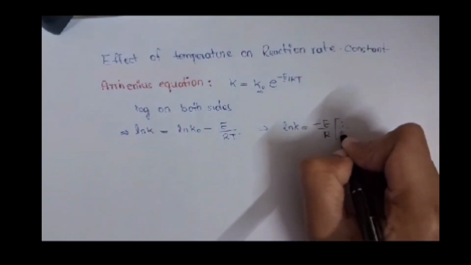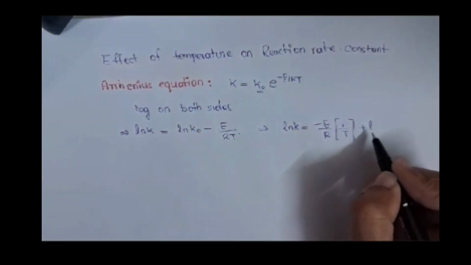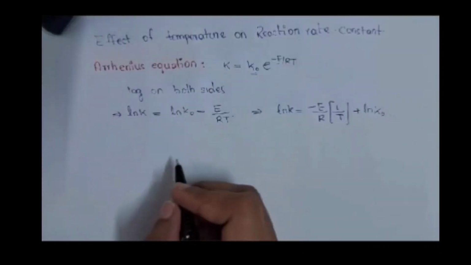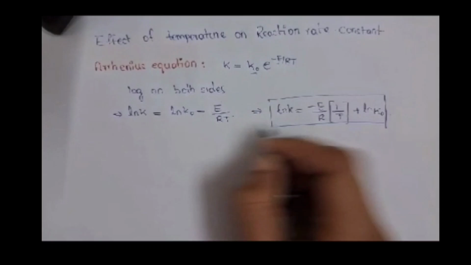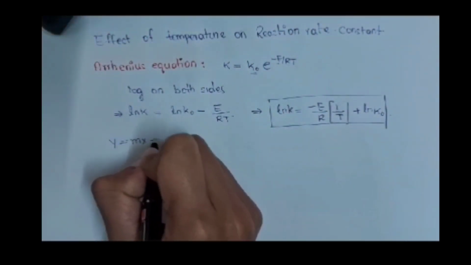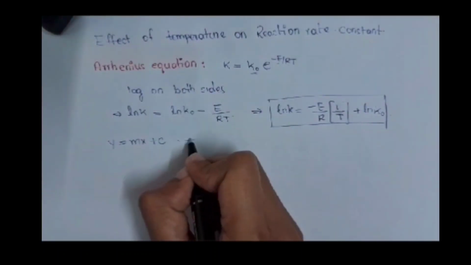Rearranging this equation, we get ln K = −E/R × (1/T) + ln K0. Now comparing this equation with the equation of a straight line, y = mx + c.